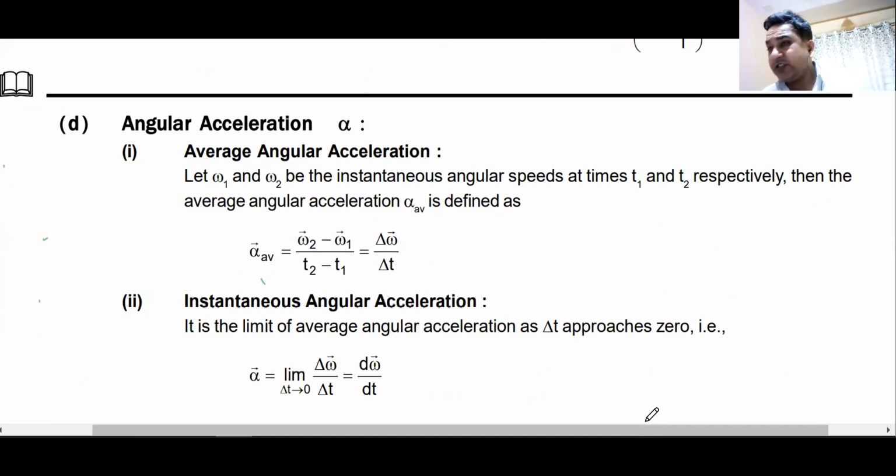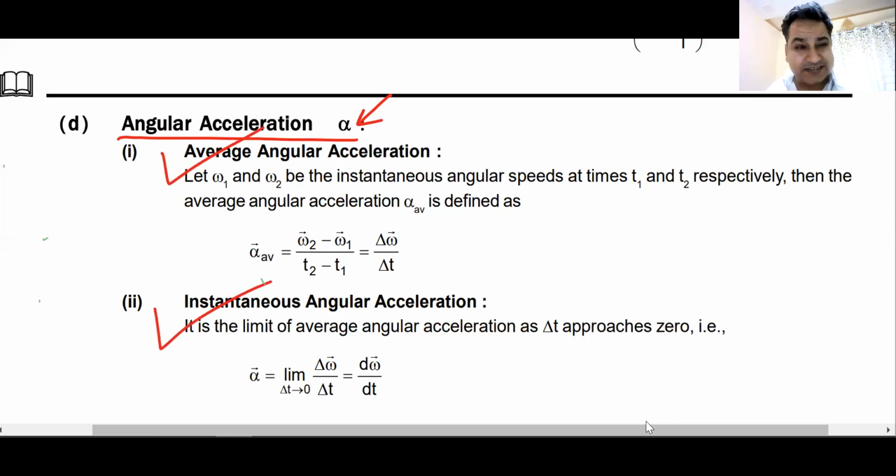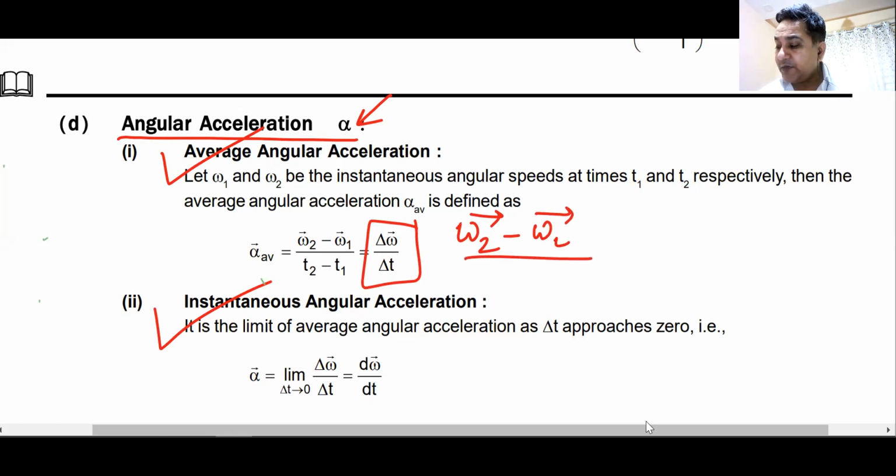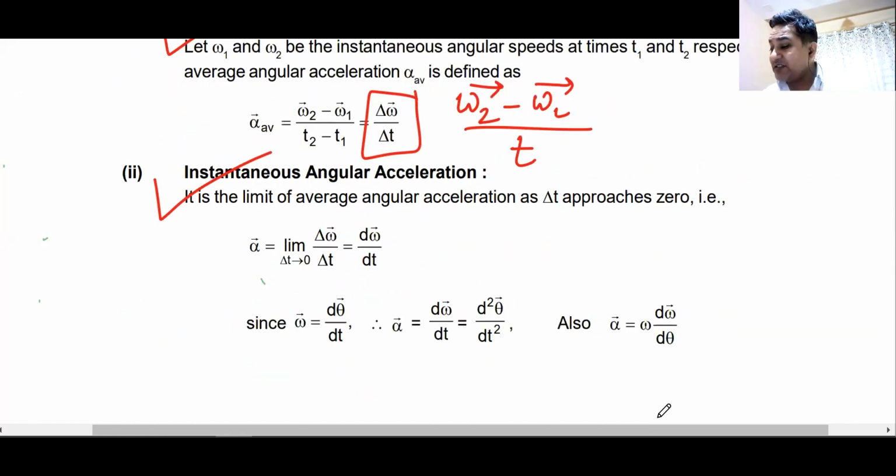Now, who will change this angular velocity? Definitely the answer is angular acceleration, denoted by the letter alpha. There are two types of angular acceleration, average angular acceleration and instantaneous angular acceleration. Average angular acceleration is the total change in angular velocity, that is omega final minus omega initial, divided by total time t. Then you have instantaneous angular acceleration, that is d omega by dt.